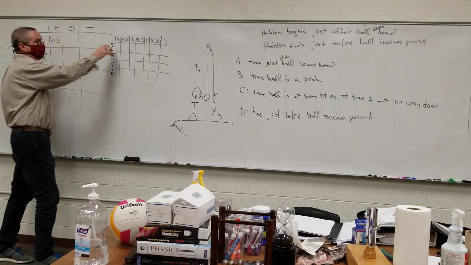I do know one other piece of information here to help sort of tie it all together. I know that velocity is the change in position over the change in time. So if I have a position time graph, that would be my rise, and that would be my run. Velocity is just the slope of the position versus time graph.